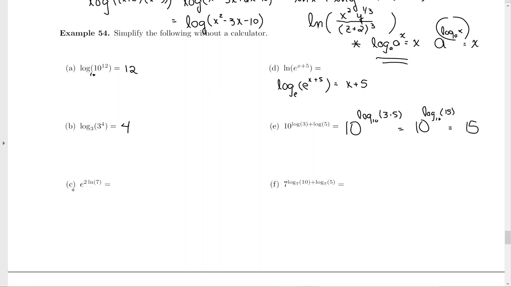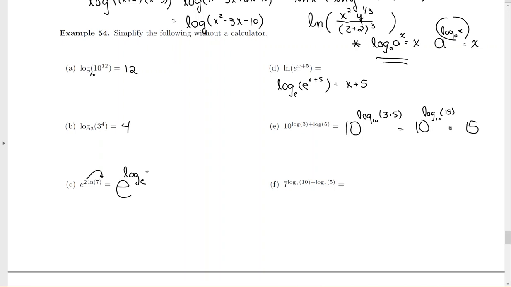Same idea for letter C. There can't be a number in front of the logarithm. It's got to be just a raised to a log base a, not two log base a's. So if there's a number in front, we're going to pull the number up to the power position. e, ln is log base e of 7 squared.